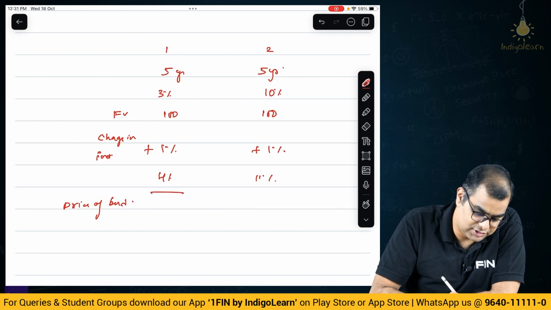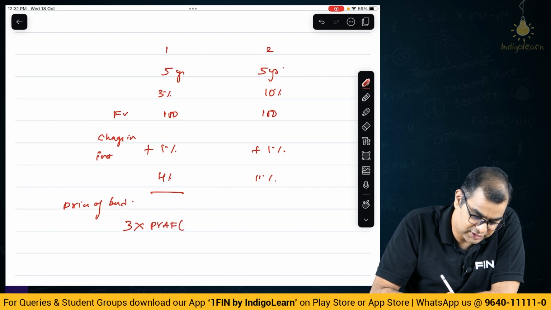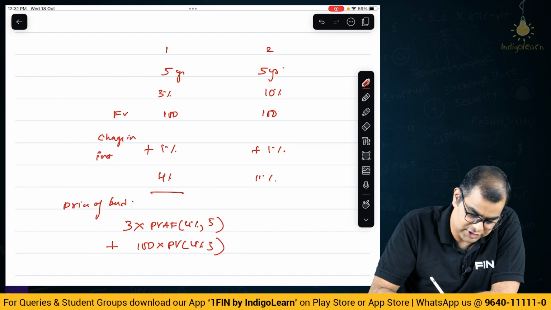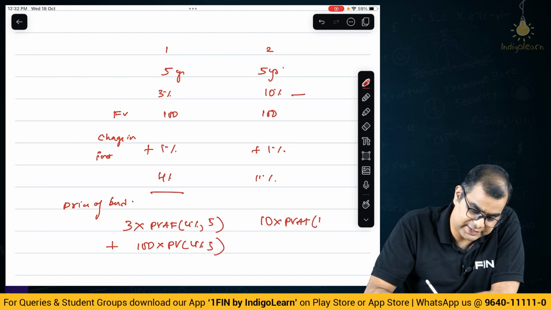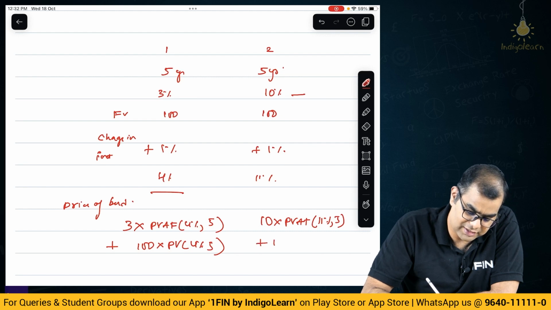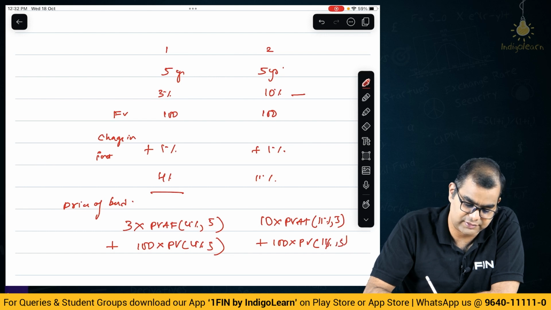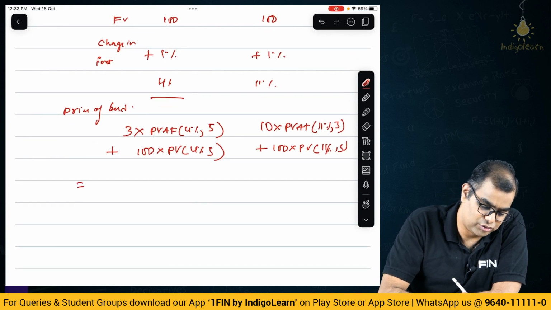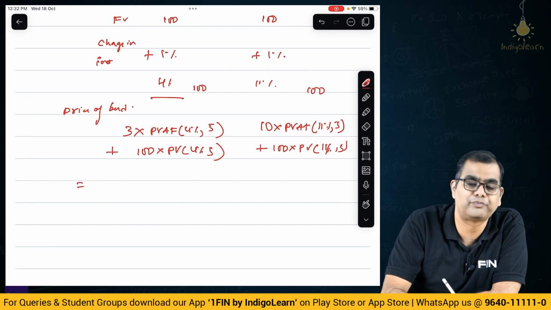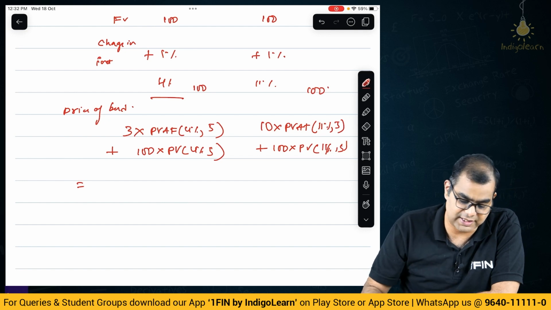You will have 3, which is the coupon, into present value annuity factor at 4% for 5 years, plus 100 into present value at 4% for the 5th year, versus 10 into present value annuity factor at 11% for 5 years, plus 100 into present value at 11% for the 5th year. Now you see these two, assume initially both of them were priced at the same 100. But after the change in interest rate, what is happening?